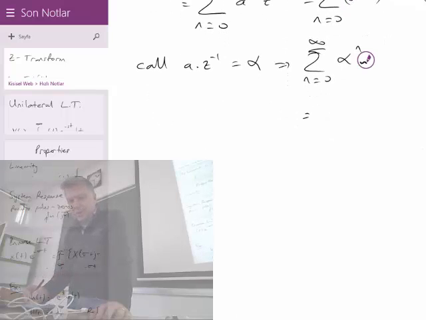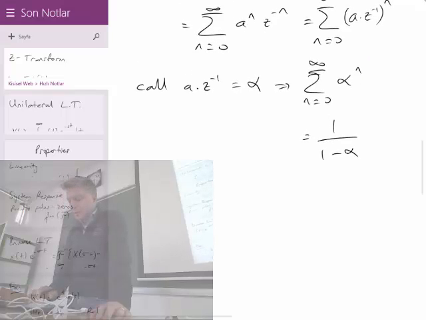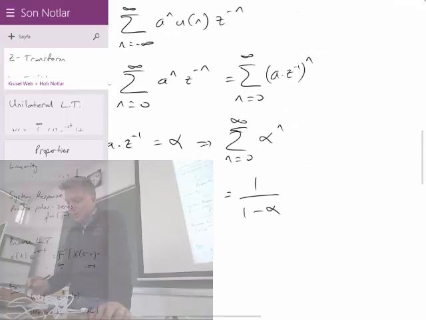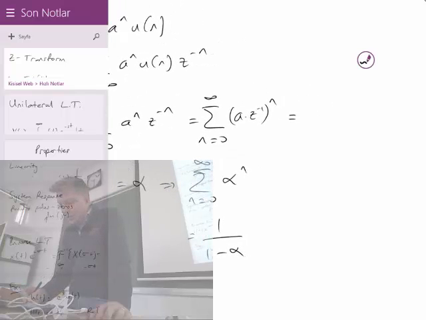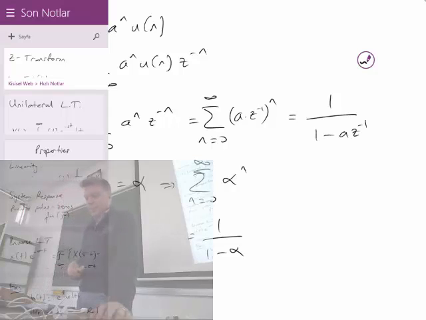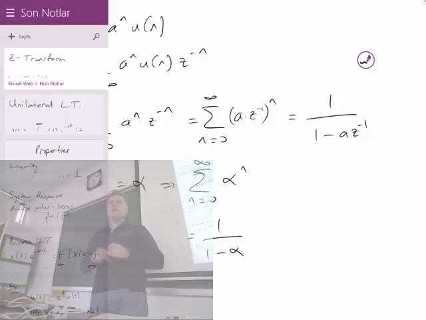This expression is equal to 1 over 1 minus alpha. So this thing here is 1 over 1 minus a z inverse. And that is really the Z transform. You can box it.